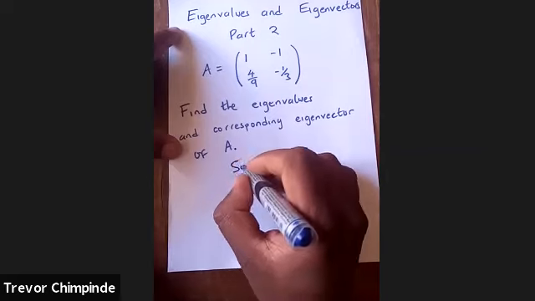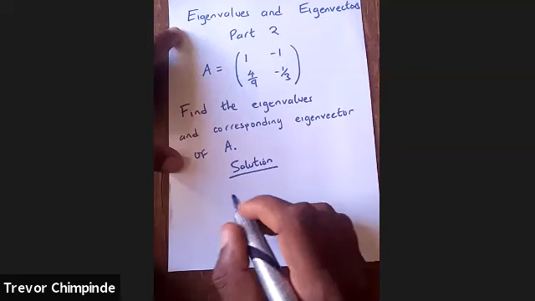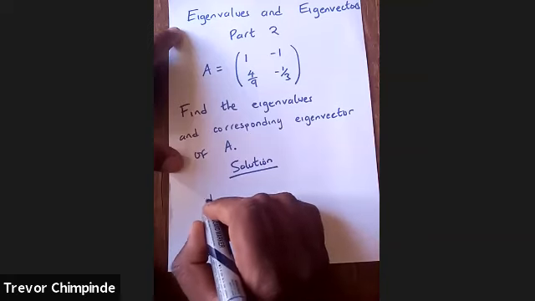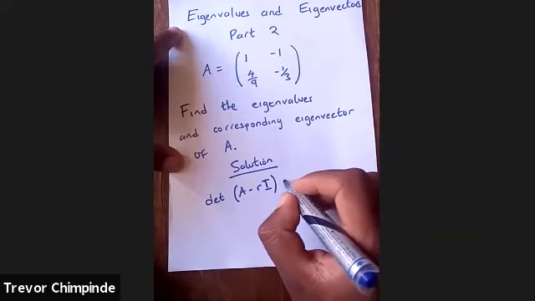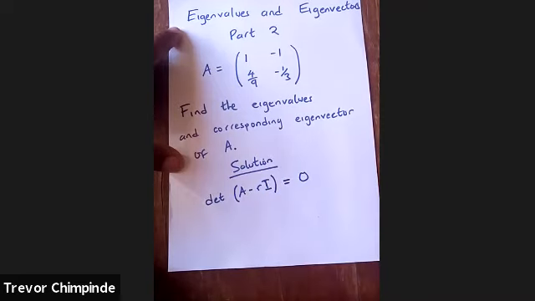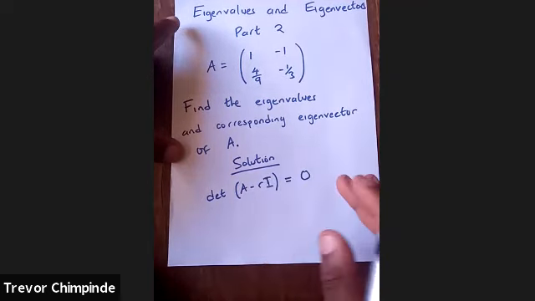So, like we said the last time, we're supposed to solve the characteristic equation, that is the determinant of A minus RI, where I is just the identity matrix, equal to 0. I'm using R, and in the notes I think they use lambda, so it doesn't really matter.